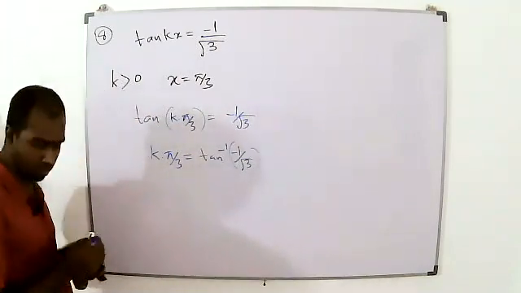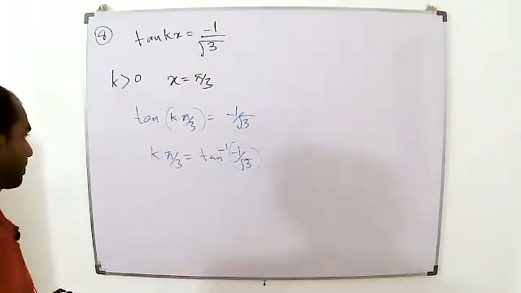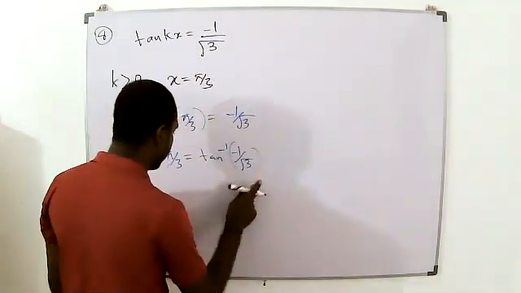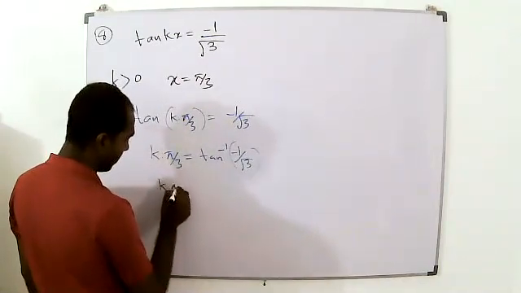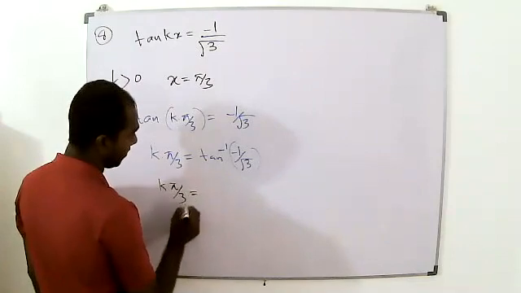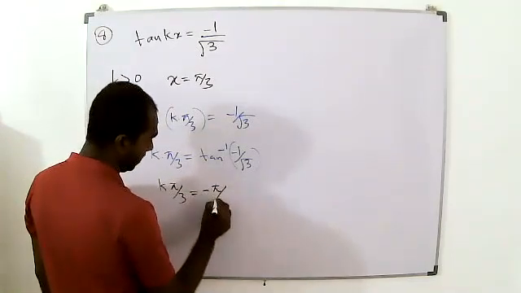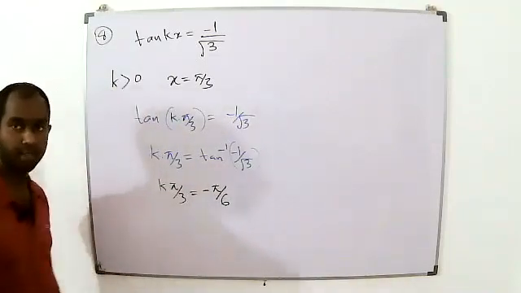If you go to calculator and get a value, what's going to come? You get minus 30 degrees, or in radians minus 5 over 6. So k times 5 over 3 is equal to how much? Minus 5 over 6. That is what you get from the calculator, no?